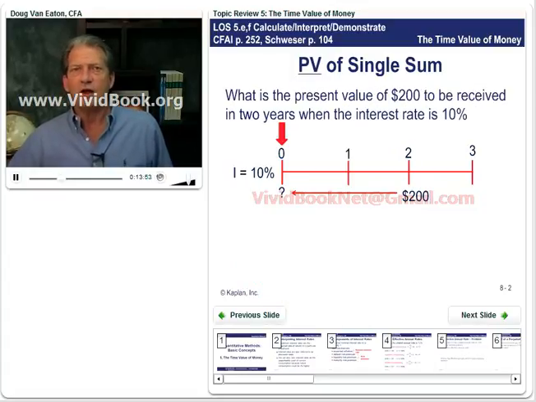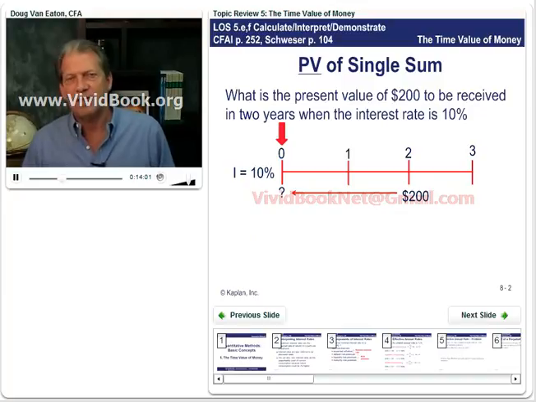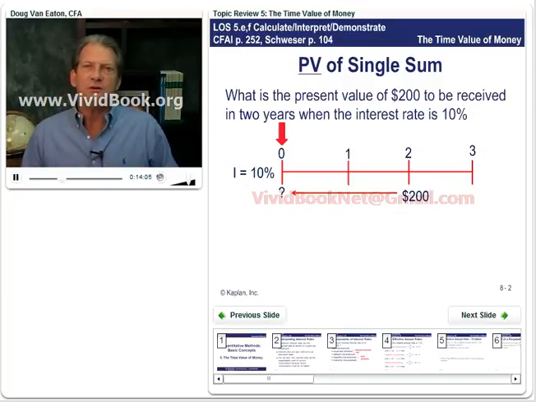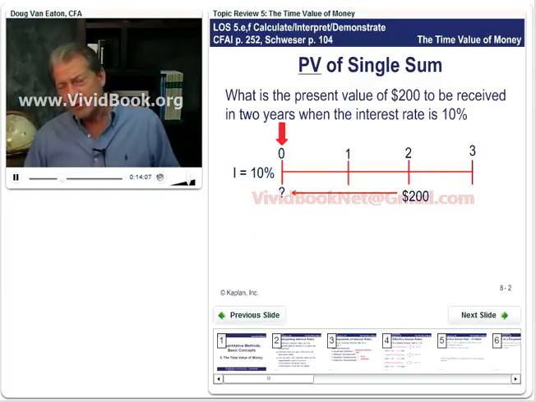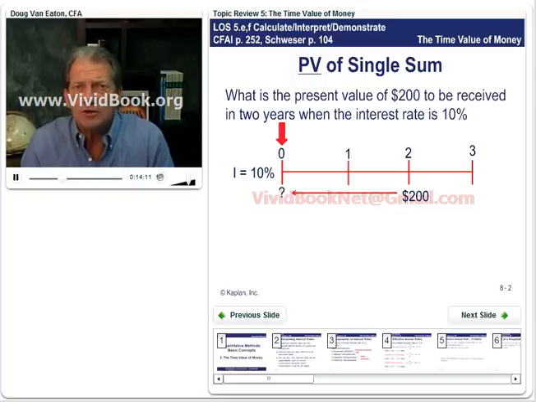Now, we can just go the other way. Instead of multiplying by 1 plus the interest rate to grow it into a future value, we divide by 1 plus the interest rate. We call that discounting, and we can get the equivalent present value. So there's a couple of ways to look at this question, and I think it's important that you understand these. We could say, well, how much would you have to put in the bank today at 10% a year in order to have $200 2 years from now?